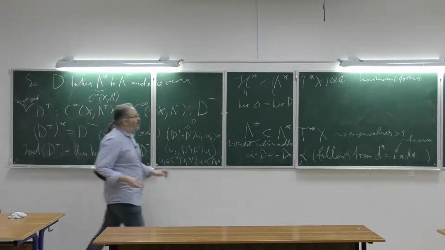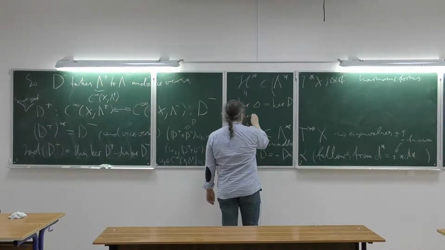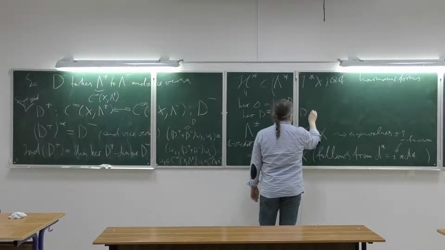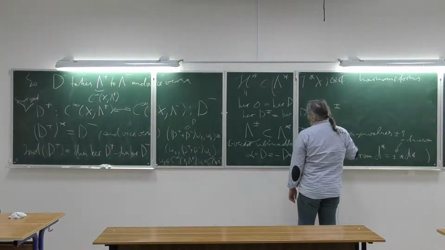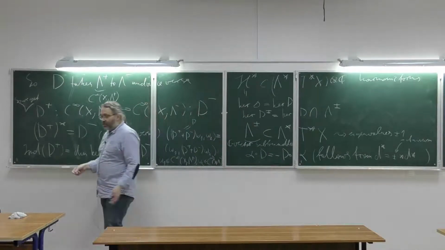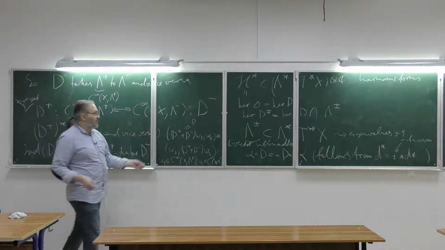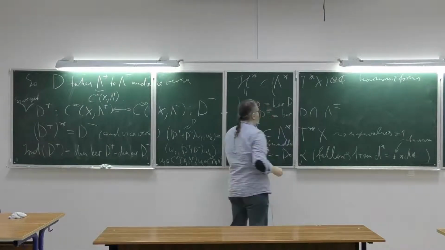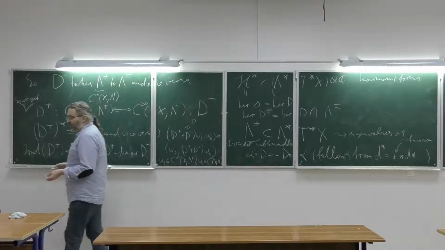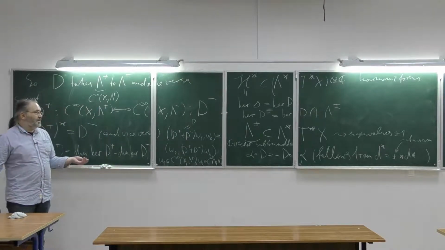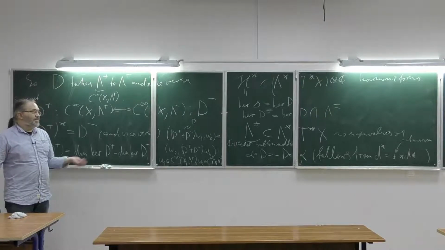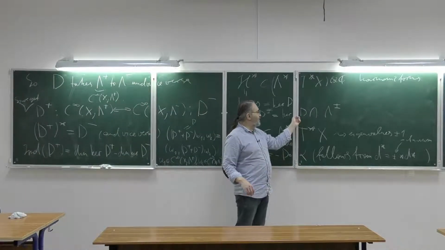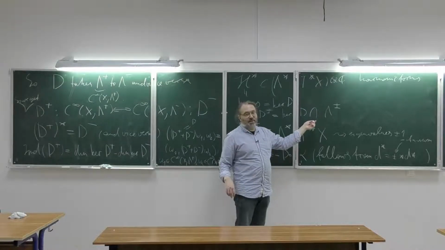Okay, now I claim that the kernel of d plus and d minus is the same as the kernel of d intersected with lambda plus, respectively, lambda minus, which is sort of clear because d plus or d minus is the restriction of d to lambda plus and lambda minus, respectively.